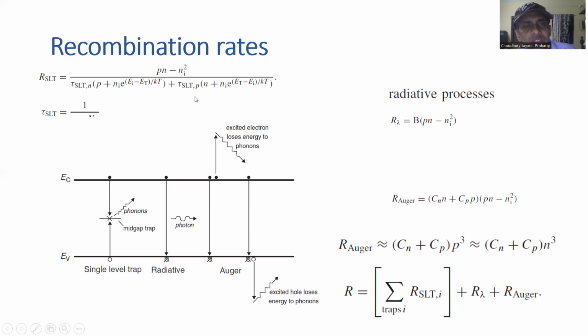The non-radiative recombination processes are the ones which cause maximum loss of energy, and we need to minimize those specifically. However, we need to focus on minimizing all kinds of recombination rates, but specifically the non-radiative ones.